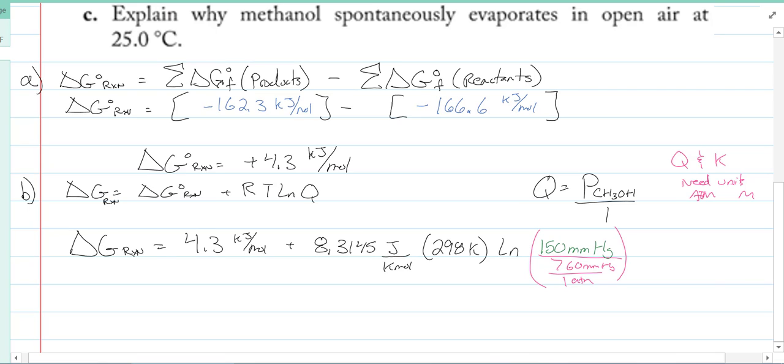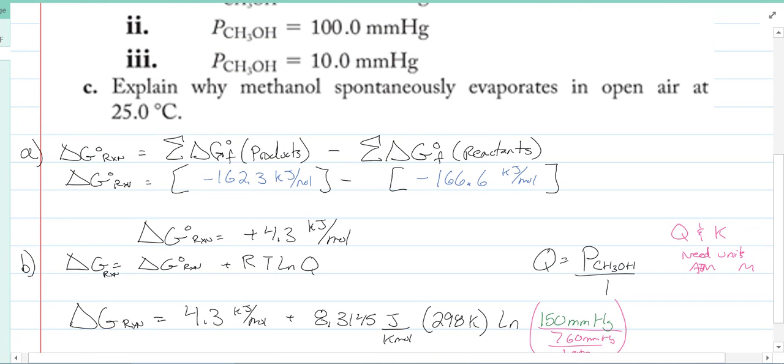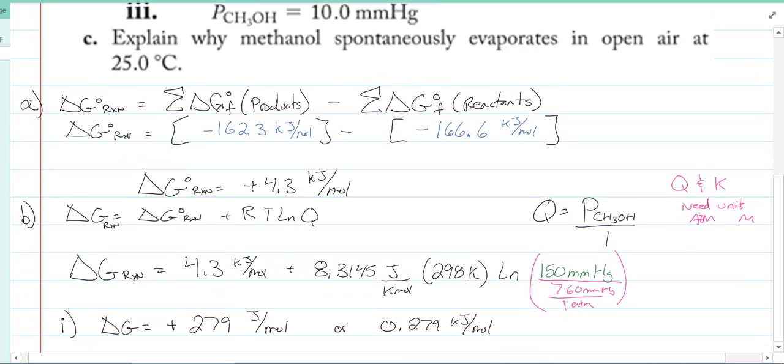So delta G here for I, I got positive 279 joules per mole, or 0.279 kilojoules per mole, depending if you converted kilojoules to joules or joules to kilojoules. Doesn't matter which one you convert, but we have to convert them. That's I. Now for 2, I put 100 in here for the green number, and 3, I put 10 in for the green number.